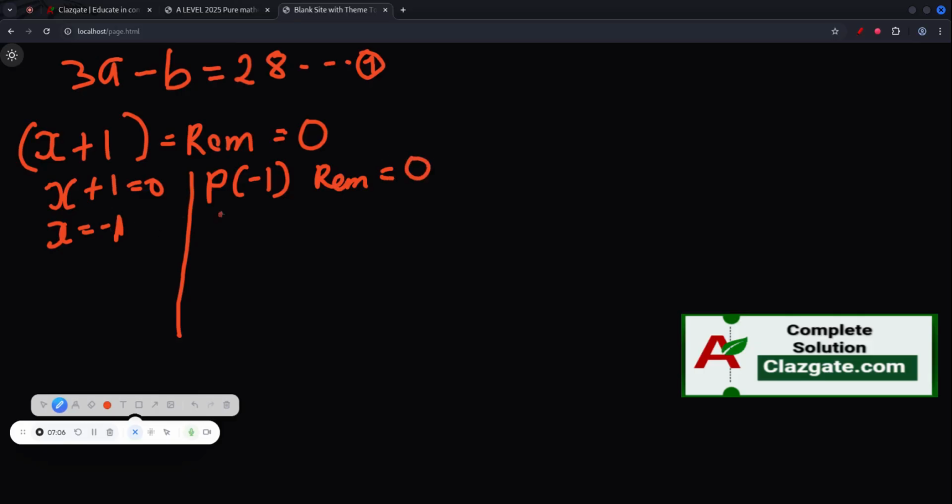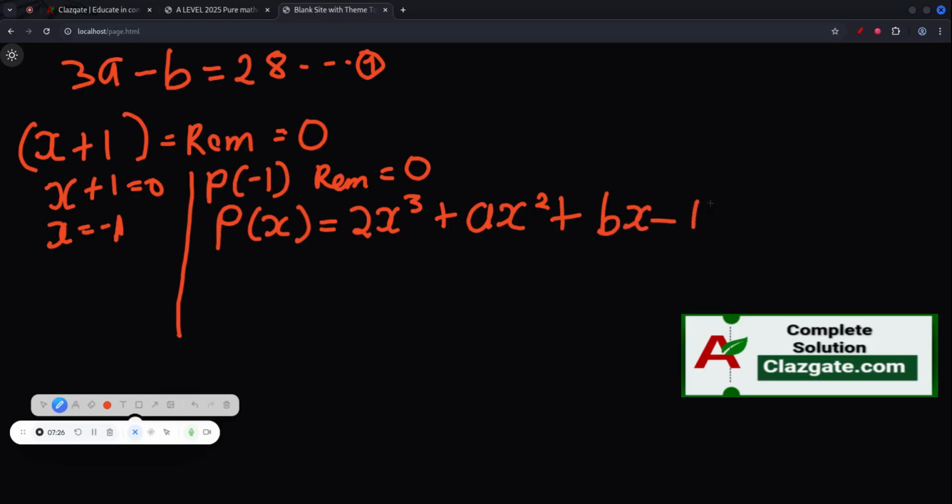So we're going to have p of x is equal to, back to our original equation, 2 times x cubed plus a of x squared plus b of x minus 12. The remainder is going to be 0.